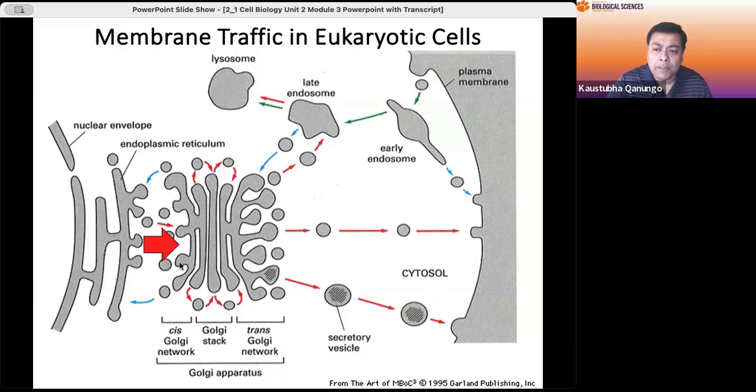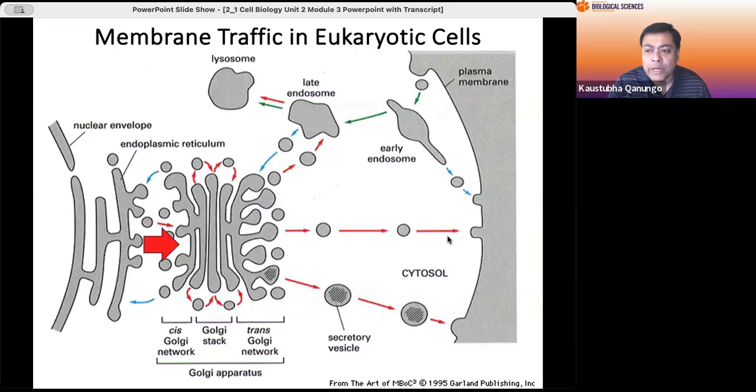And also remember that membranes are also trafficked back, like the blue, these blues. Some of the vesicles will actually come out from the Golgi to the ER back. And here the endosomes can be recycled back. So this is the endosome from the plasma membrane. Vesicles are formed. So traffic forward, all the reds, they are called the anterograde transport, anterior grade.